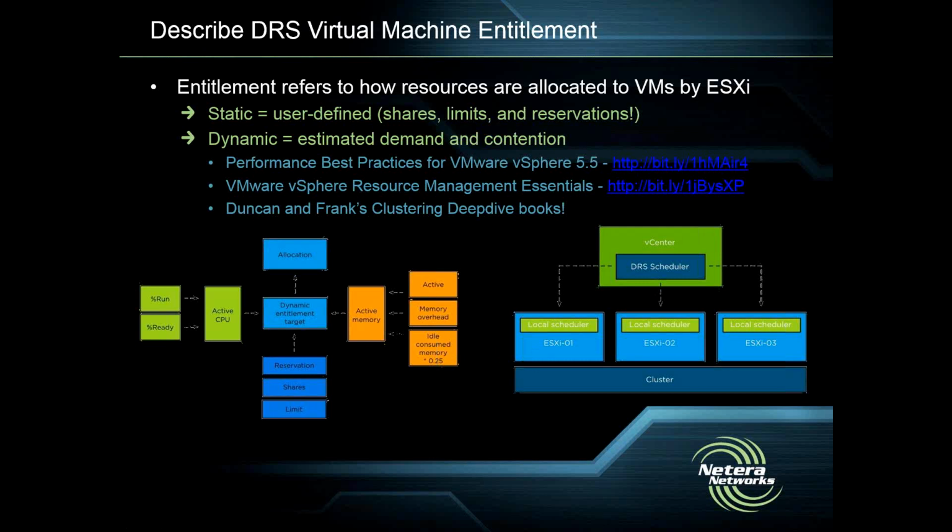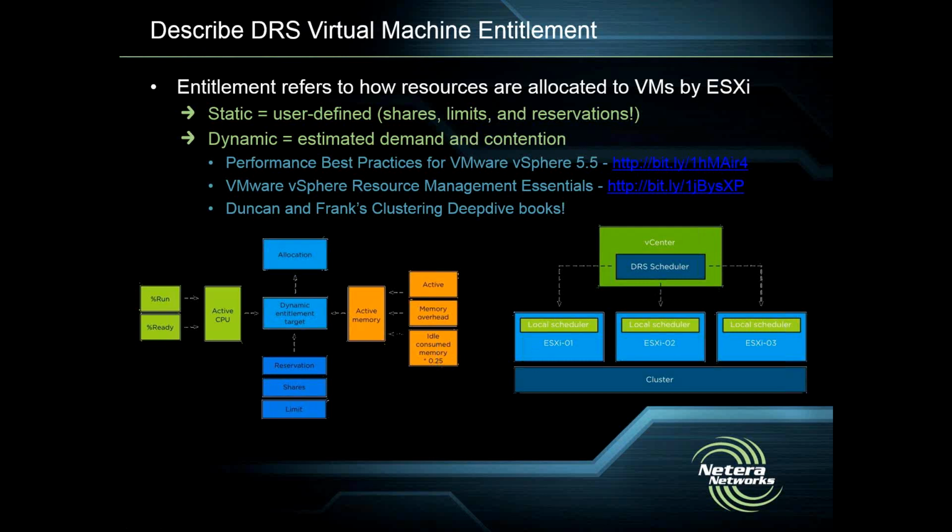We're talking about VMs here, but reservations, shares, and limits can still be set at the resource pool level. But with regard to entitlement, these are on a per VM basis. So a reservation is the minimum amount of resources guaranteed to a particular VM.